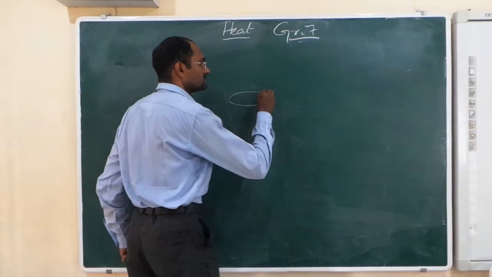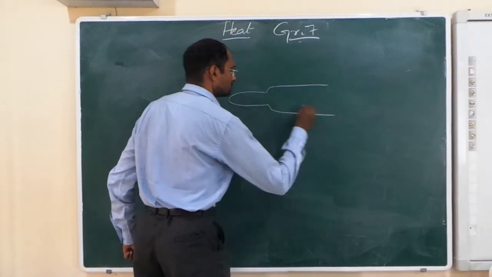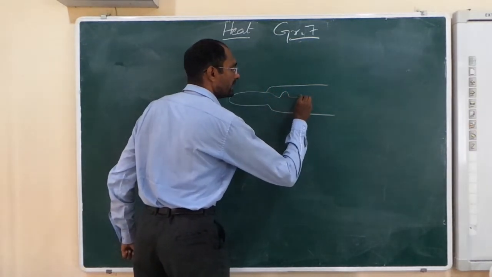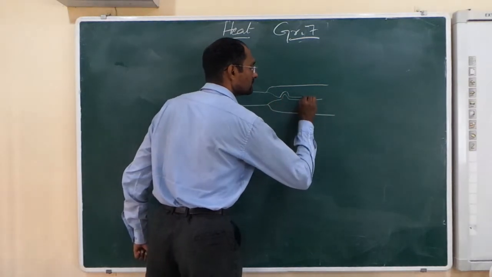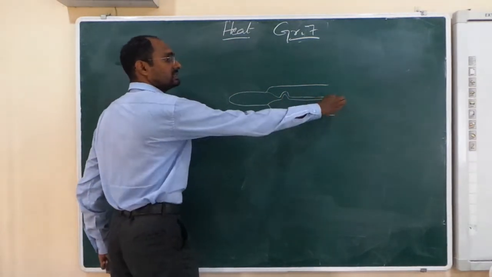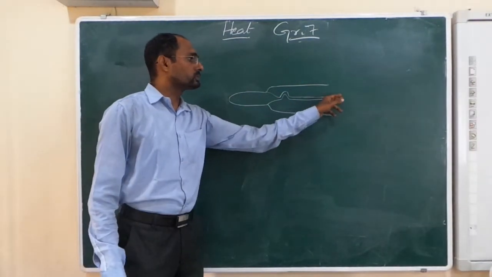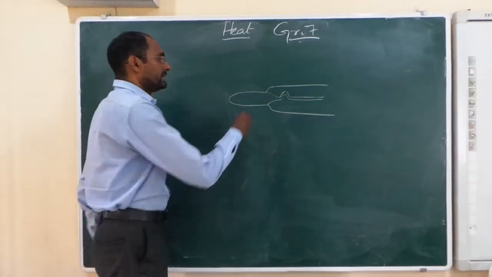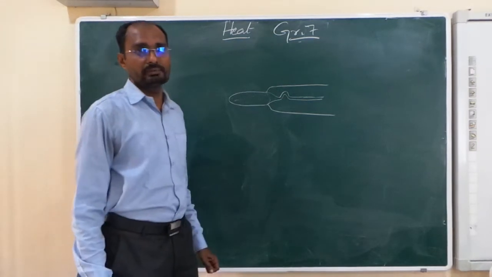If this is the bulb of the thermometer, there will be a very small bend that comes like this. This is the bore or the opening through which the mercury can flow throughout the length of the thermometer, and this is the bulb, which is completely filled with mercury.